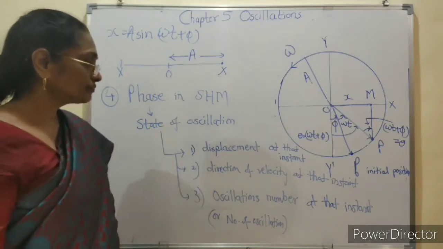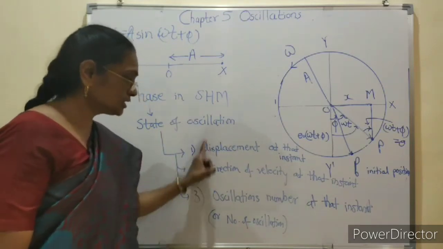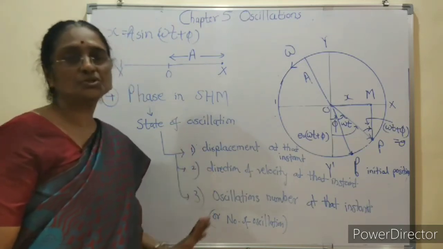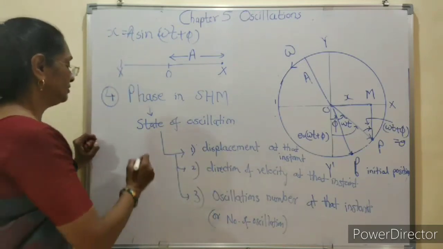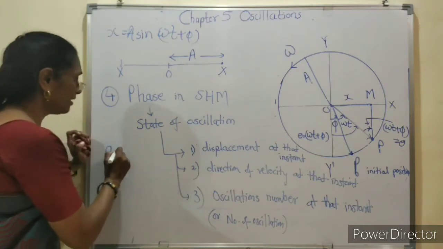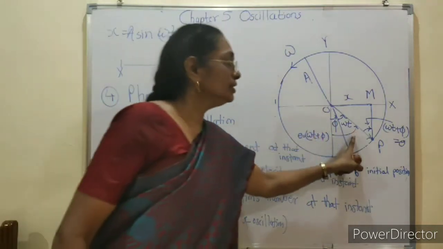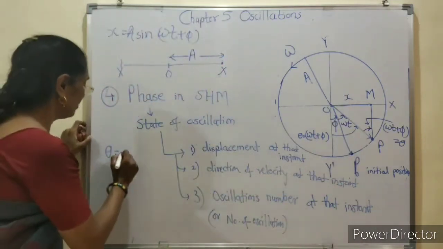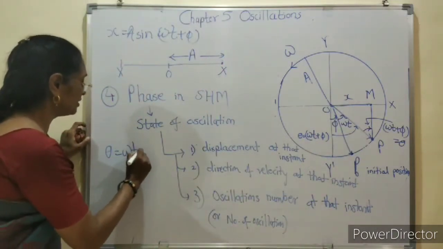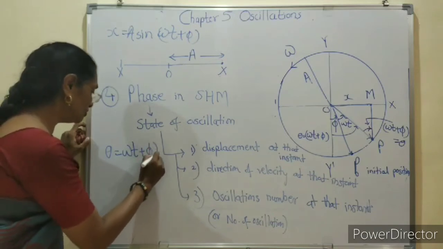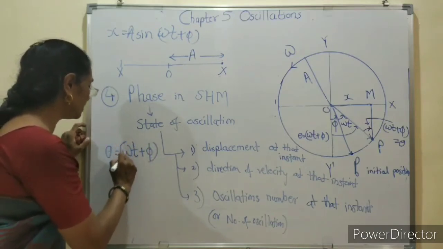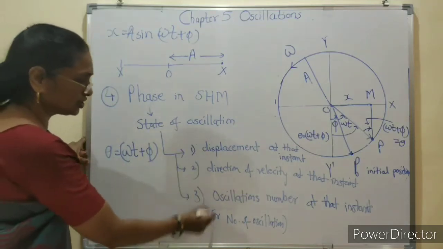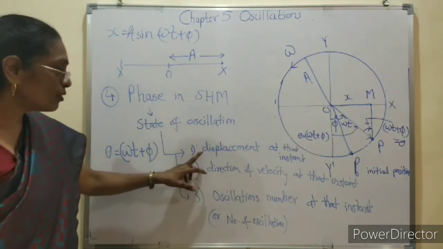All these descriptions we can give by the angle. That angle we have shown in the UCM and SHM figure. That angle we have described by omega t plus phi. So this is one quantity in SHM that can give us all these 3 points.